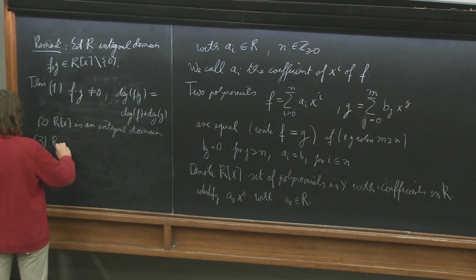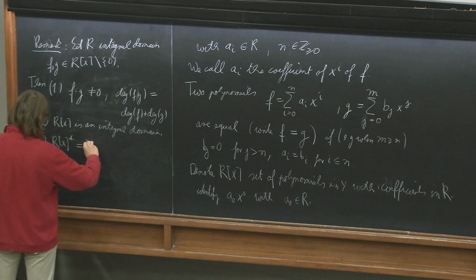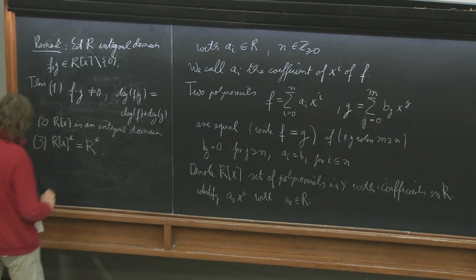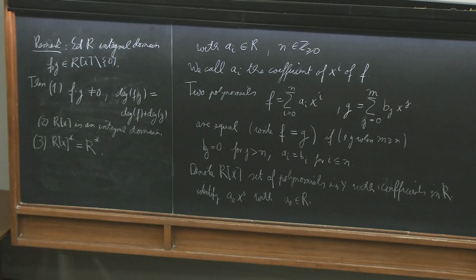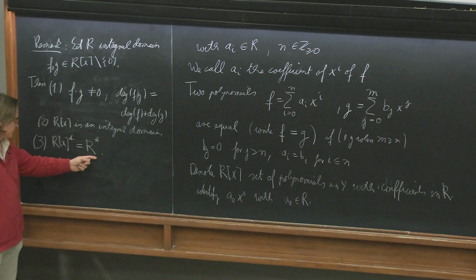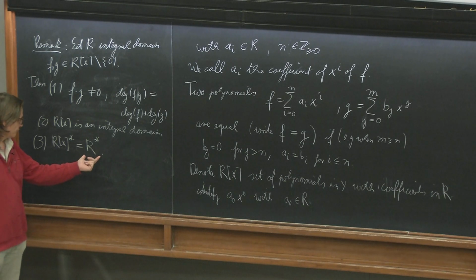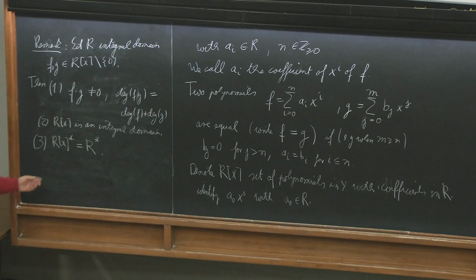If I take the units in R[x], they are the same as the units in R. We know that R was a subset of R[x], and in fact the subring of R[x] of constant polynomials. And I claim here that a polynomial can only be a unit if it is a constant polynomial, and that constant is a unit in R.